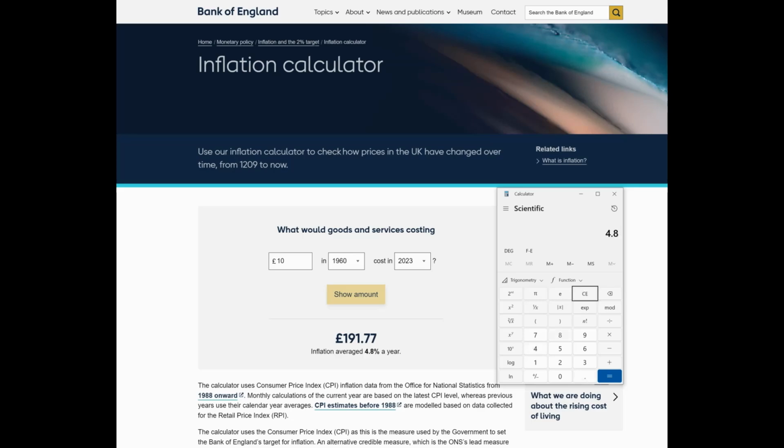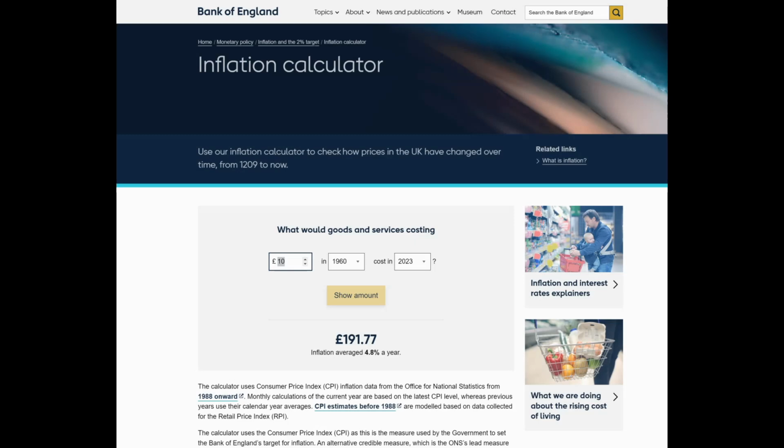So we've got 63 years, and what we do is, we've got 4.8, so we go 4.8 divided by 100, and we plus 1, and then we xy, and then we times that by the number of years, so we've got 63, and then we times that figure by the amount, so we've got £10, so times that by the £10, and that gives us 191 and, well, 76, a penny short. But there we go, that's how you work that out going forwards.